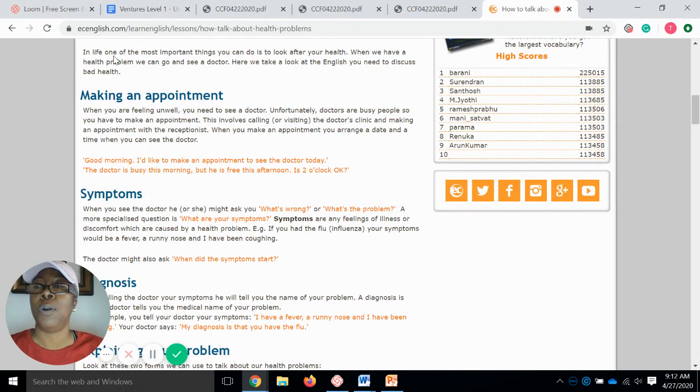In life, one of the most important things you can do is to look after your health. When we have a health problem, we can go and see a doctor. Here, we take a look at the English you need to discuss bad health. Discuss means to talk about, okay? To discuss means to talk with someone. So a discussion involves more than one person. Of course, some people do talk to themselves, but that's not called a discussion. That's called crazy. I'm just kidding.